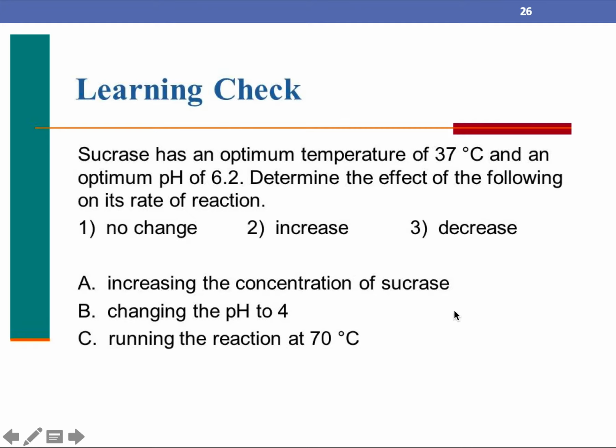Once you increase the concentration of the enzyme, the rate of reaction would also be faster.